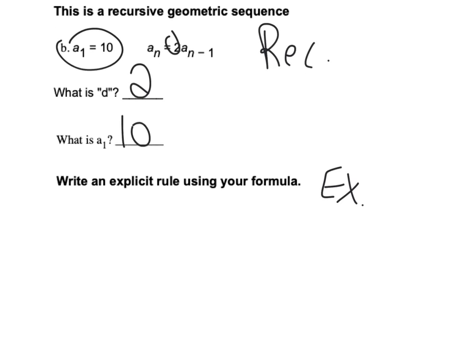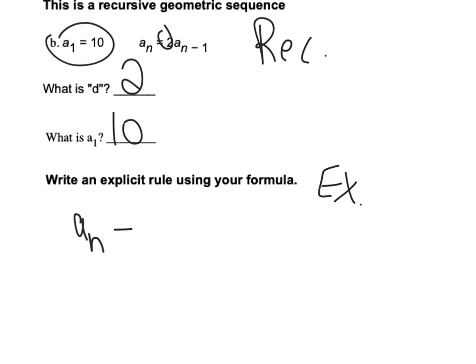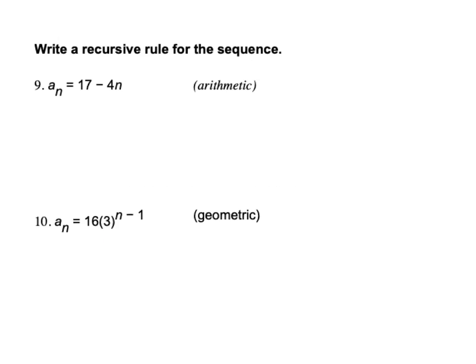So if we are going to write our explicit rule, we'd have a sub n equals a sub 1, which is 10, times 2 to the n minus 1. Remember, in an explicit rule, we have our exponent that says to the n minus 1.